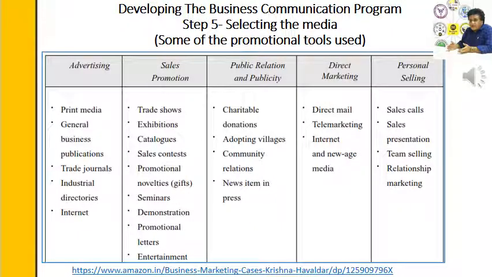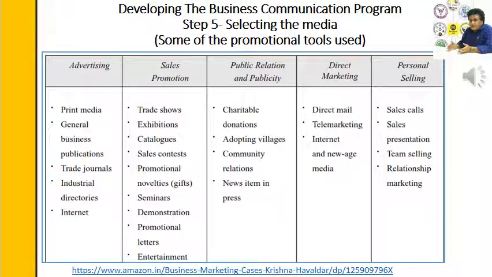Okay, this is the first step, and it is called selecting the media. Some of the promotional tools which are used are advertising, sales promotion, public relations and publicity, direct marketing, and personal selling. Like in the case of industrial sales, personal selling is very important, as we will come to know in the next few slides. Advertising is also there.